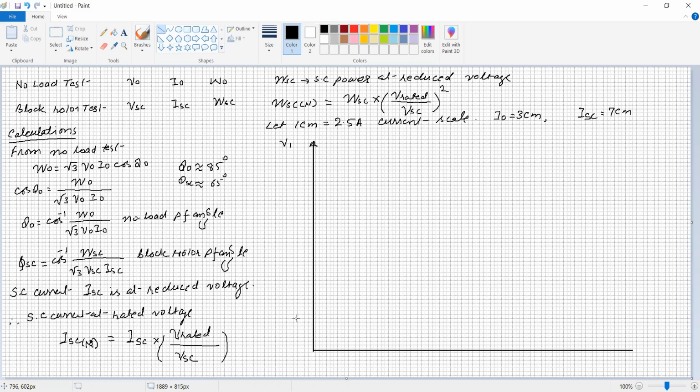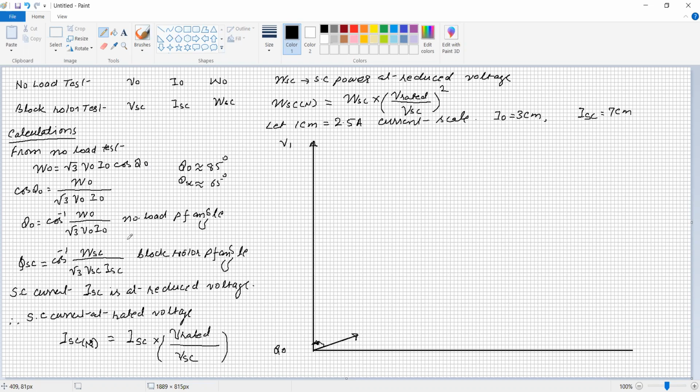This is the no load current I0, at an angle of theta 0 with reference to V1, which you take with the help of a compass box.